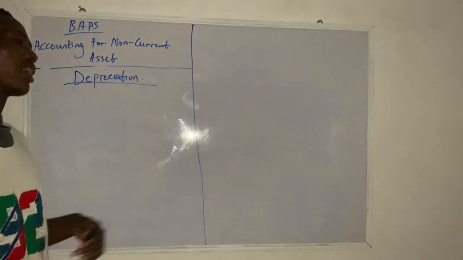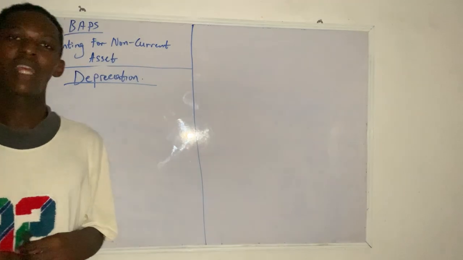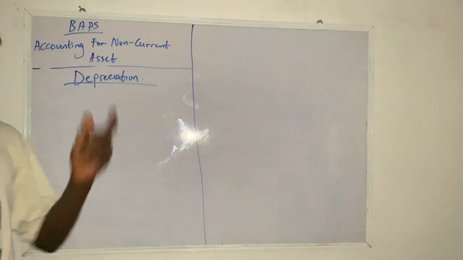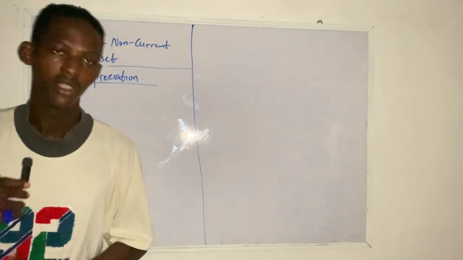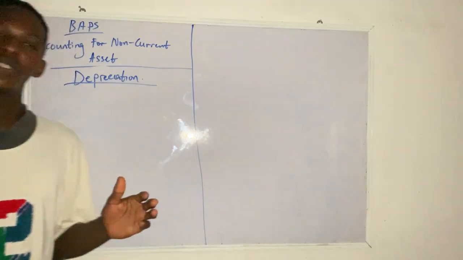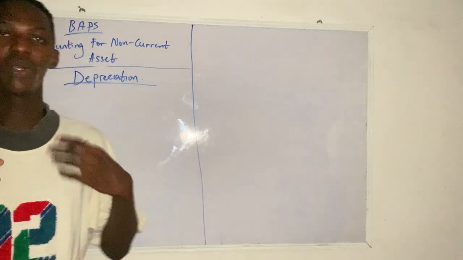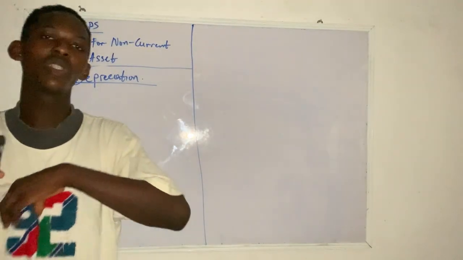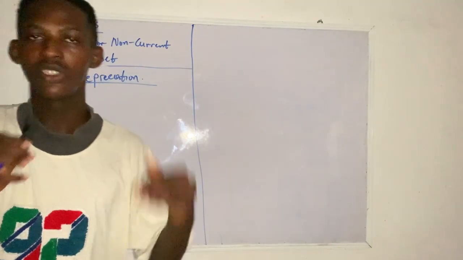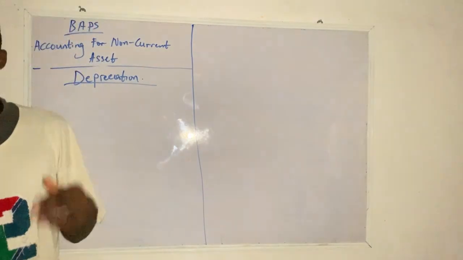So in other words, what can I also say depreciation is? When I say a non-current asset, I said it is capital in nature in our previous class. So how do we express or record that capital expenditure in our books of accounts? Depreciation is a way of allocating a portion of the asset that is used for that period or for that year.